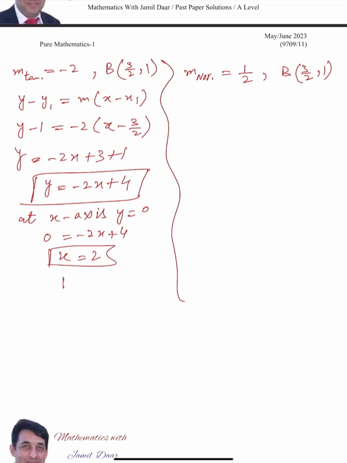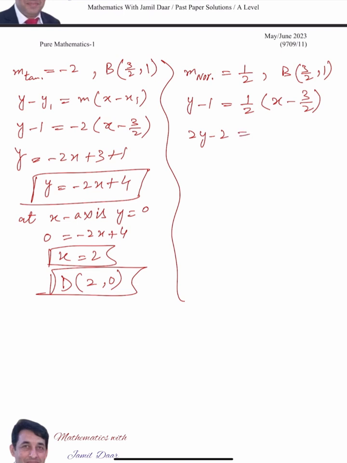So what are the coordinates of point D? They are 2, 0. So you found the coordinates of D. Next is the equation of normal. So y minus y1 is equal to m into x minus x1, x minus 3 by 2. So this will become 2y minus 2 is equal to x minus 3 by 2.